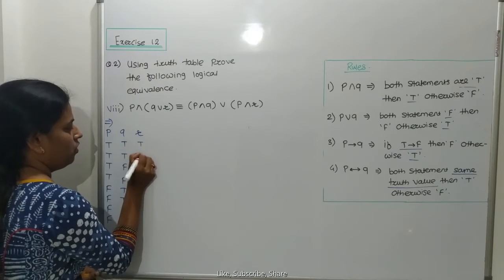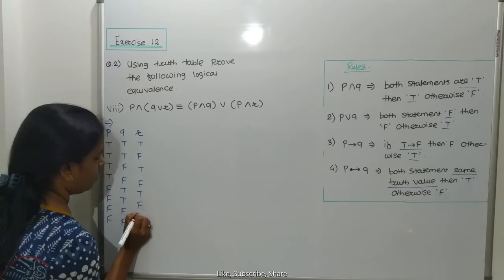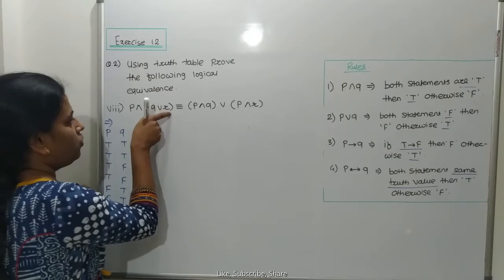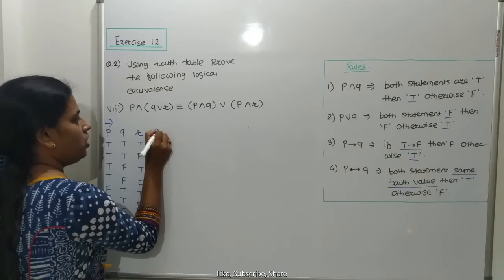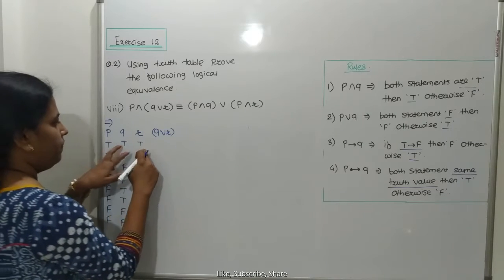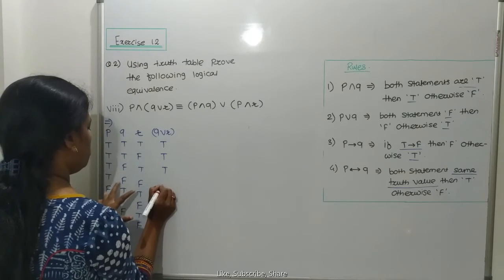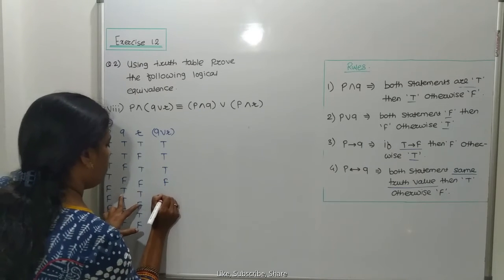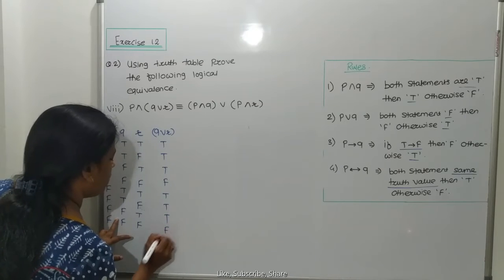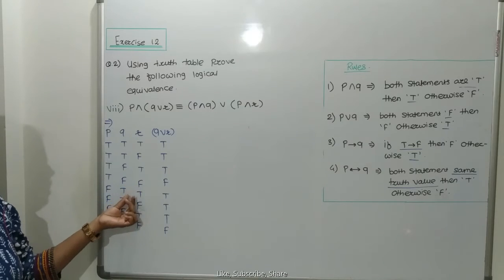Here true, false, true, false, true, false, true, false. For solving this, first of all we solve Q or R. So Q or R: true, true, true, false, true, true, false, and false false gets false. We write false only when both statements are false.